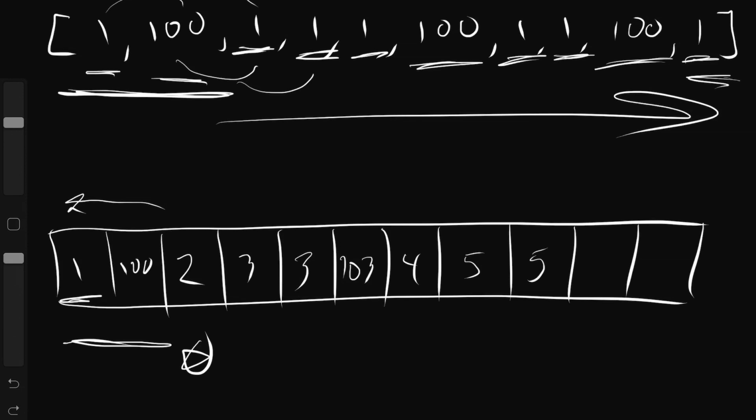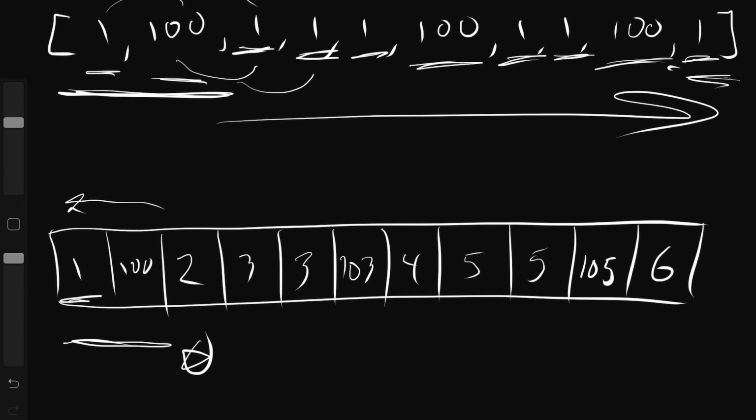We look at the two previous, so 5 and 5. Well, 5 is the smallest here, so we're just going to put 105, because 5 plus 100. Then we have 1. So what's smaller, 5 or 105? Obviously 5, so 5 plus 1 gives us a total of 6. And then we reach our end.